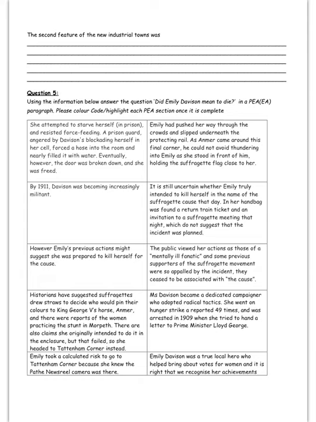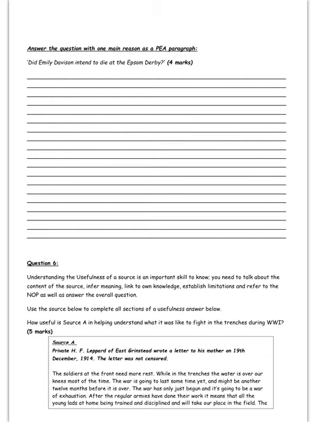Finally, your analysis is how you use the evidence to answer the question. You go through these boxes, you identify which is P, which is E, and which is A. When you've identified the P, E, and A, you can then write your own PEA paragraph.